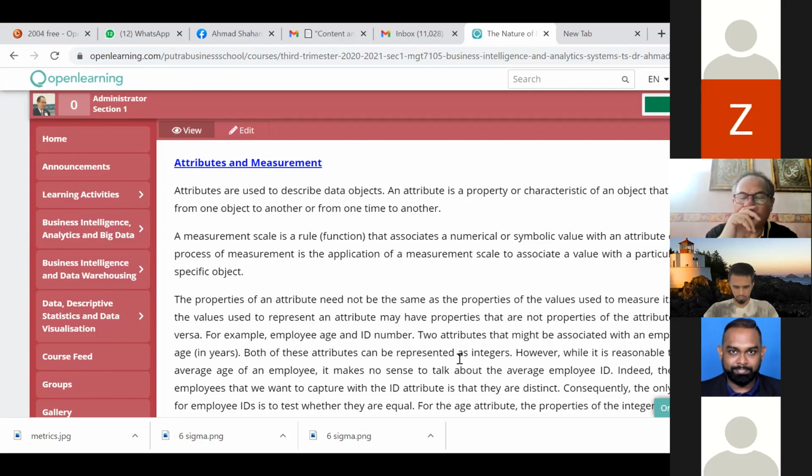Age you can calculate. ID you cannot calculate. ID is fixed. Although it is a number, it is fixed. The attribute is similar because it's an integer. And then age is in terms of years, so it can be calculated, but you cannot mix another person's age with another person's age. So there are characteristics of certain attributes.